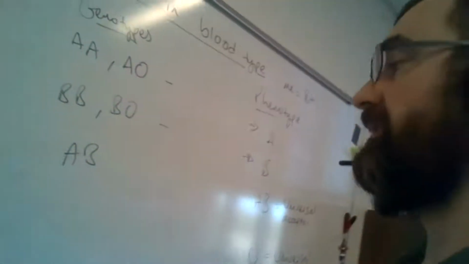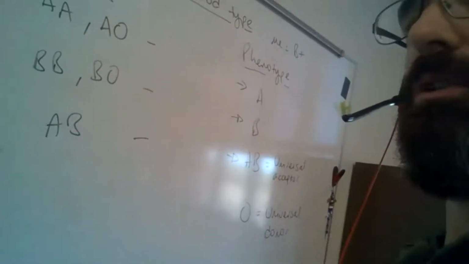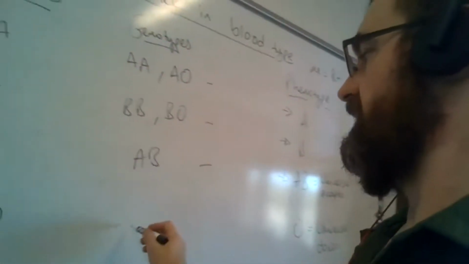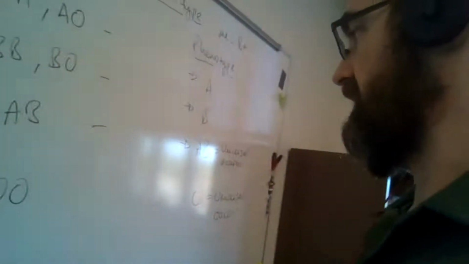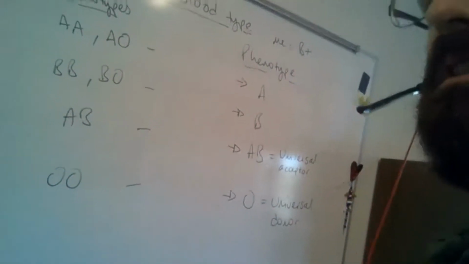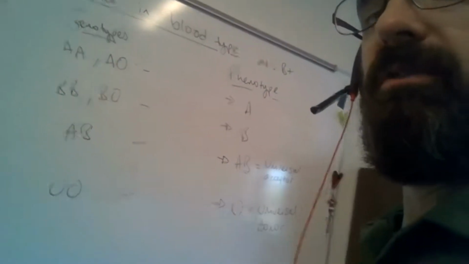It is a heterozygote, but yet it displays both dominant phenotypes. And then O is easy. O is just homozygous recessive, and that gets you the only recessive phenotype. All good so far?